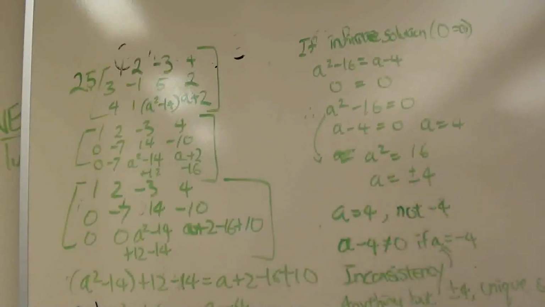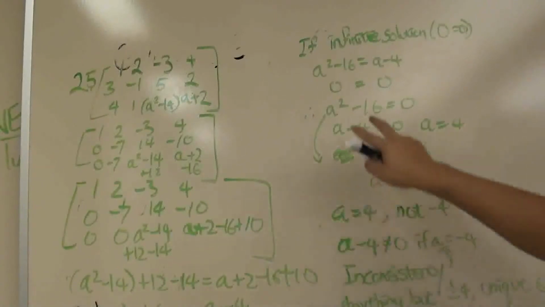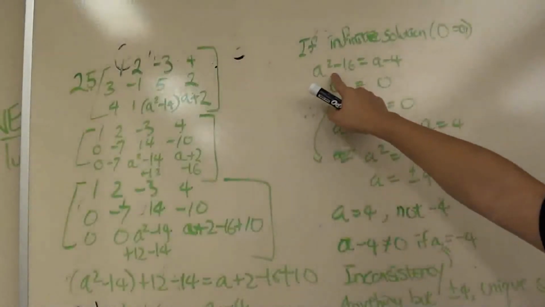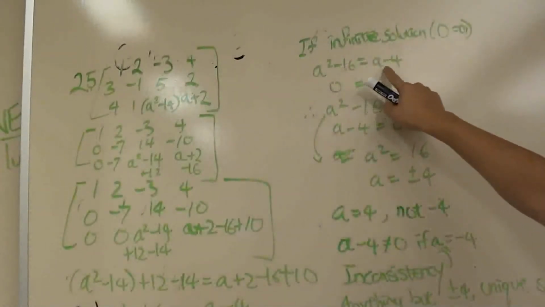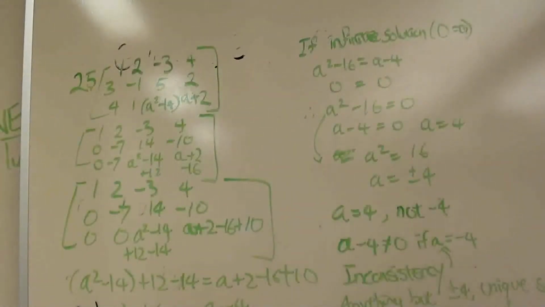Very important, right? It could be either one of those, because you could do negative 4 times negative 4, and it will still give you 16. Positive 4 times positive 4 will also give you 16. So two possibilities. Now, okay, so this could be 4 or negative 4. Gotcha. Let's look at the right side. a minus 4. How could that ever become 0? Simple. When a is 4, right? 4 minus 4 is 0. So, interesting, right?